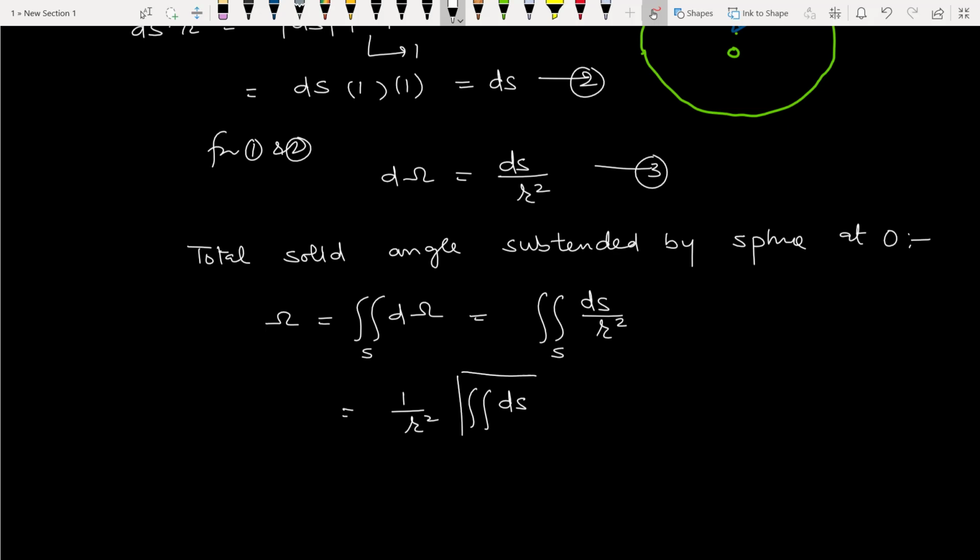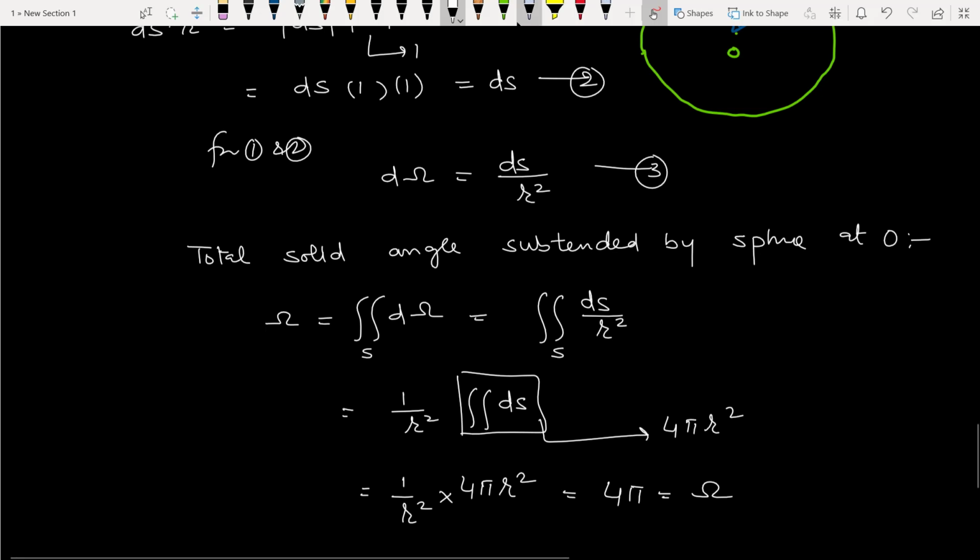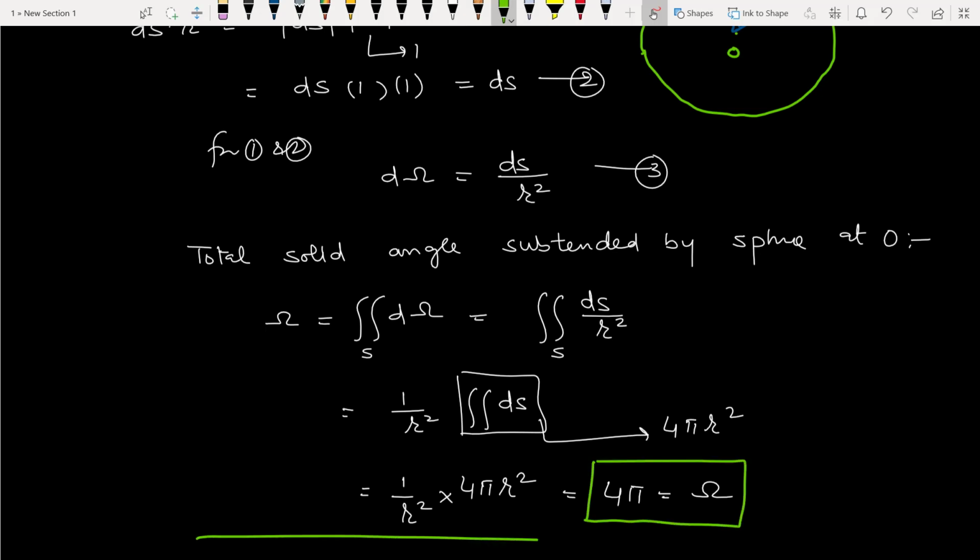Integration of small area is the total surface area of the sphere, which is 4 pi r square. So 1 by r square into 4 pi r square is 4 pi, which is the total solid angle subtended by the surface of the sphere. So this is what we had to prove, that the sphere subtends an angle of 4 pi at the center. So solid angle is equal to 4 pi.